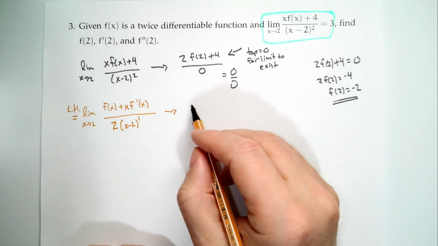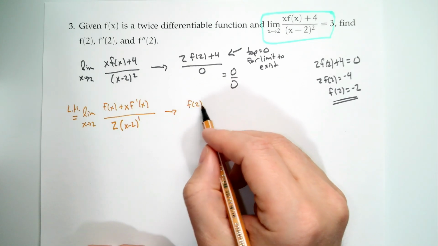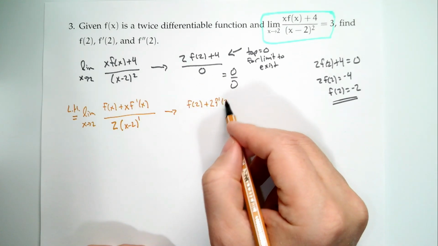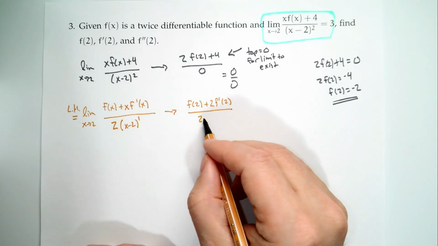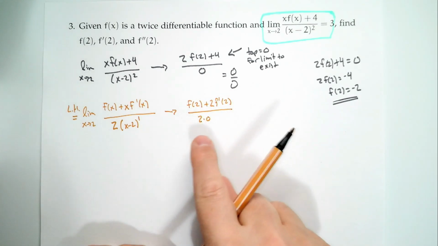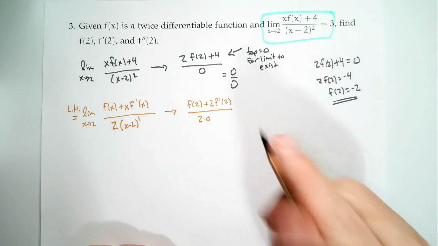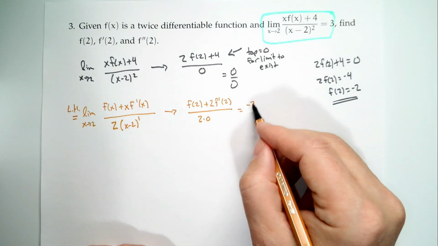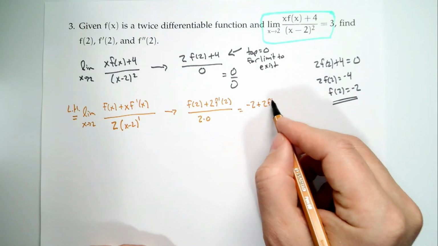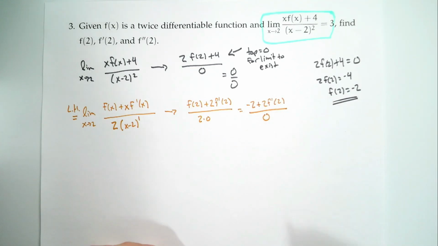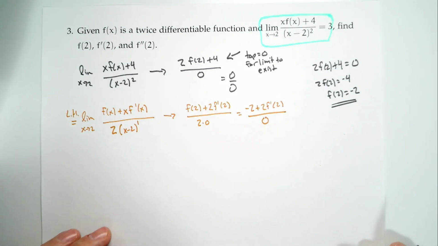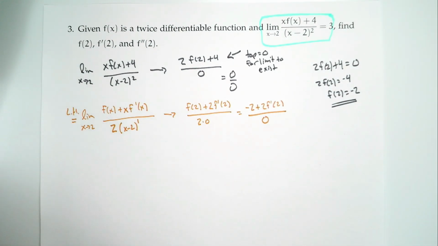Well, this goes to f of 2 plus 2 f prime of 2, divide that by 2 times 0. Now, we know a couple of things. We know what f of 2 is, so that's negative 2 plus 2 f prime of 2, and 2 times 0 is 0. Now, same idea as before.